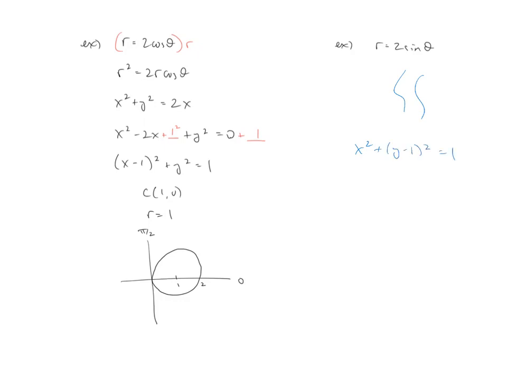But again, I don't really think we need to do that. If we understand that sine is very much connected to the y in terms of polar and rectangular, then we can see that we're going to have a circle on the y-axis, and there's your 1 and there's your 2 for the diameter.